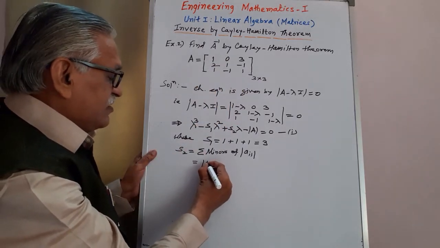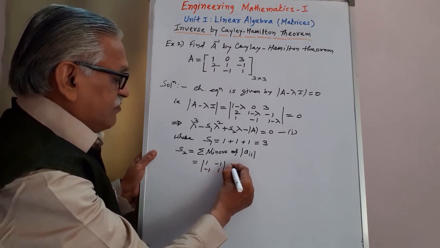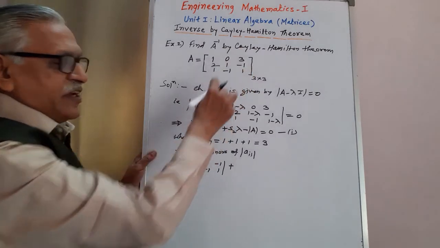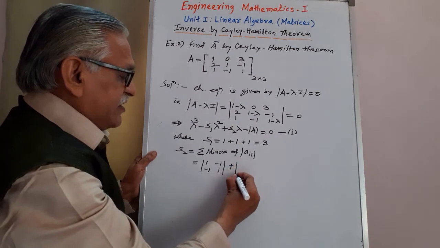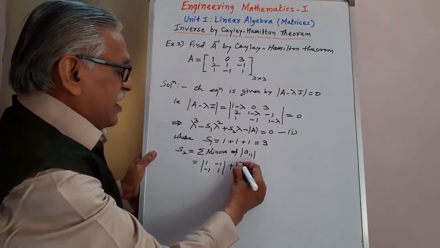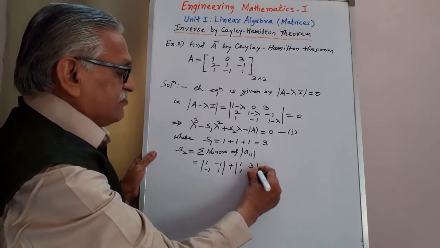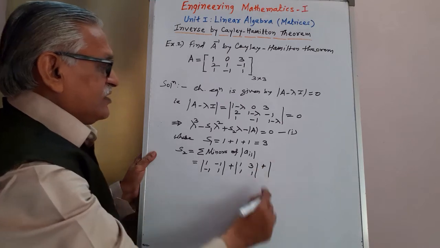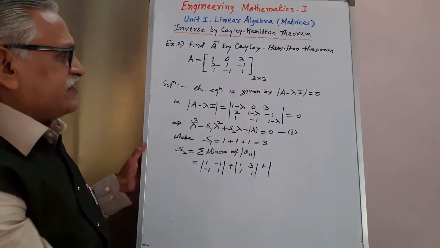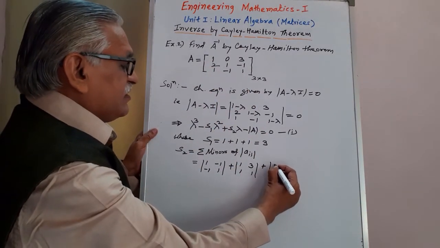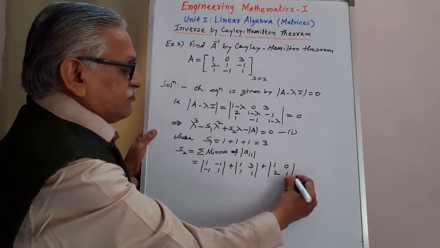Those remaining elements are 1, minus 1, minus 1, 1, plus the minor for the second diagonal element, neglecting the row and the column containing it, and then the determinant of the remaining elements 1, 3, 1, 1. Then plus the minor for the last diagonal element, neglecting its row and column, and then the determinant of the remaining elements 1, 0, 2 and 1.